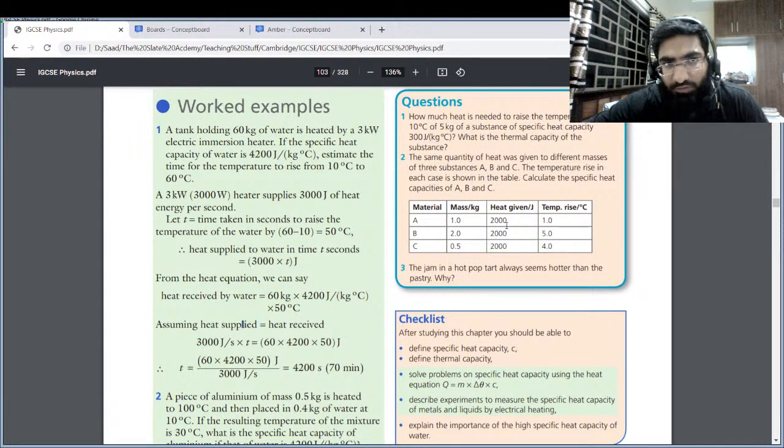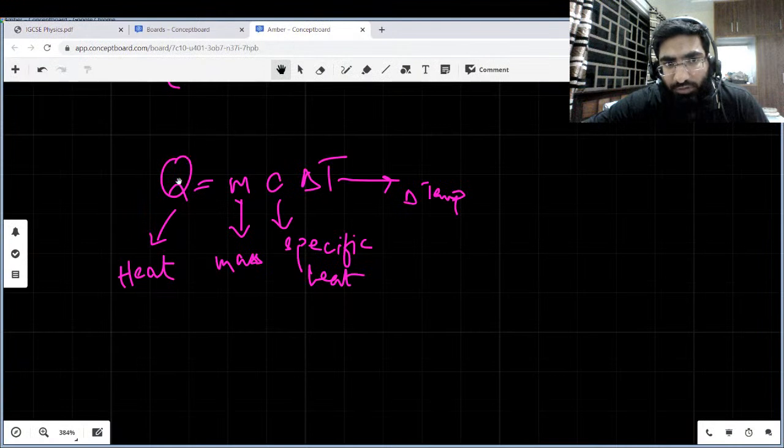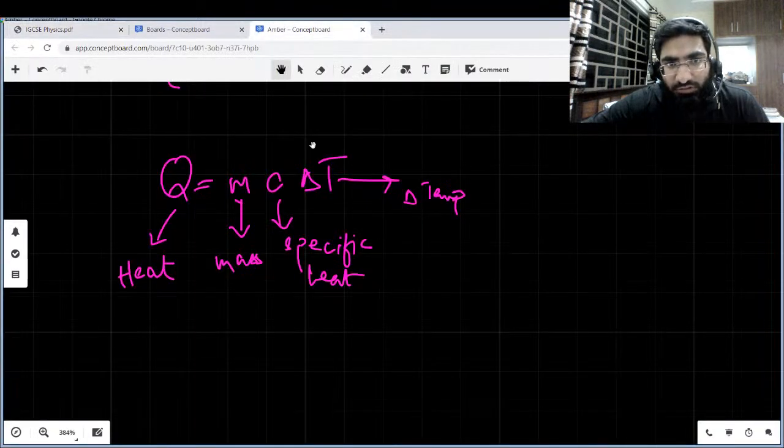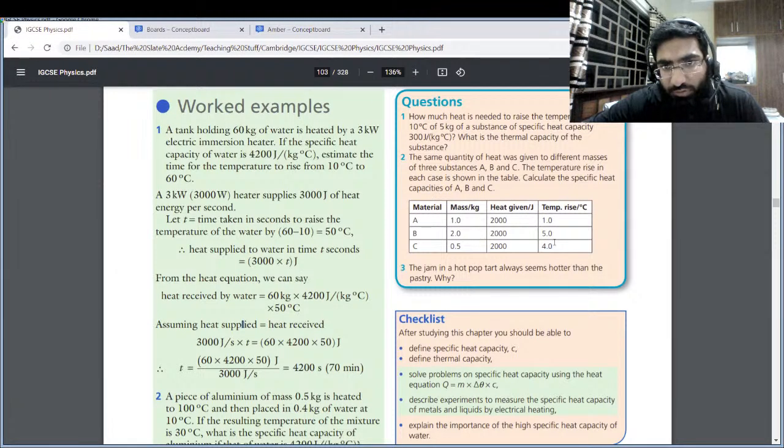So in this question, heat Q is given, how much heat you give is given. So you can't be required to calculate Q in this one. Masses are also given, so different masses 1, 2, and 0.5, right? And then delta T, change in temperature, is also given 1, 5, and 4. So the only quantity that's left is C. Also here it says calculate the specific heat capacities of A, B, and C. So you have to calculate C, which is specific heat capacity.